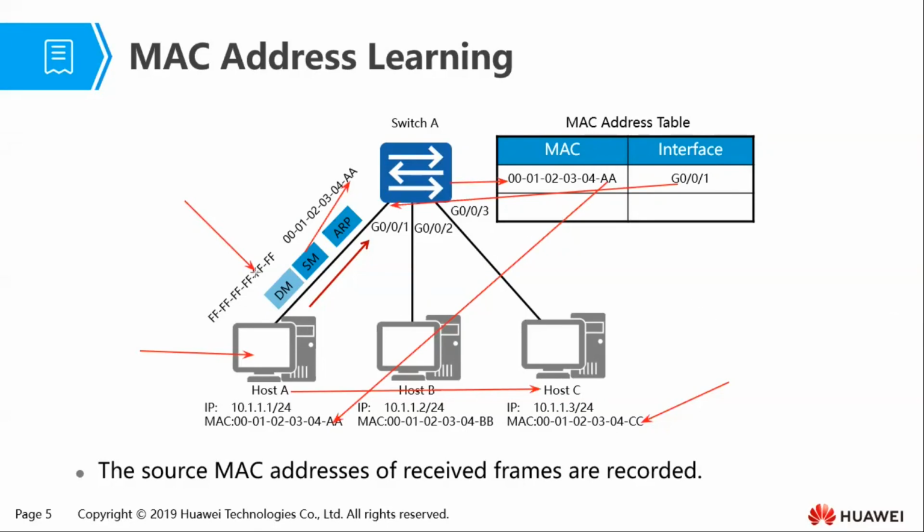So that's how it learns the association of the MAC address of host A and the interface via which it has been connected on the switch. Okay, so let's move on.